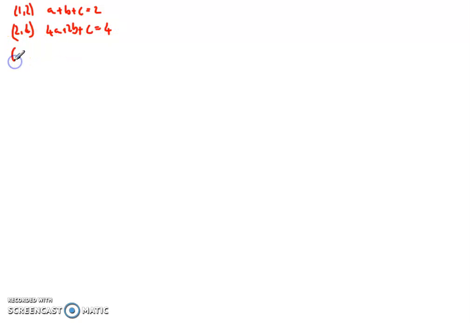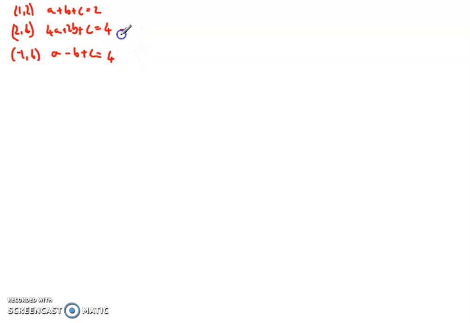And then the last point, at negative 1, 4: if I substitute it in the exact same way as before, I get a minus b plus c equals 4. Now you'll notice I've got a system of 3 equations with 3 variables, so I can solve this to find a, b and c.